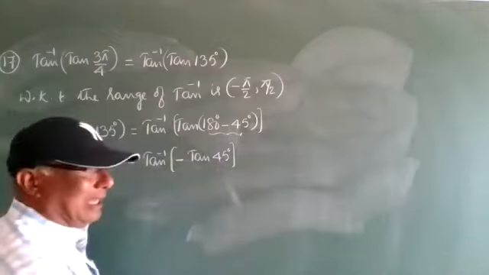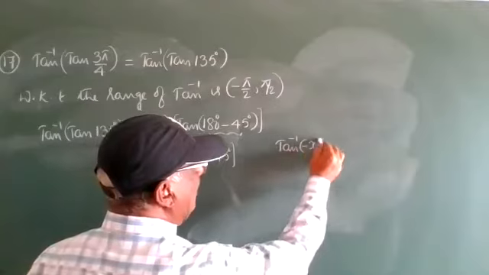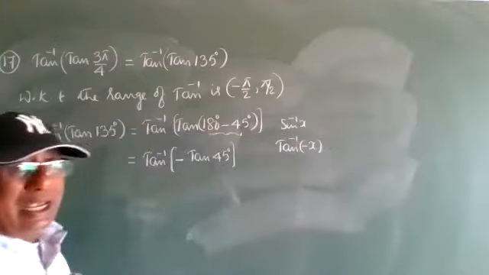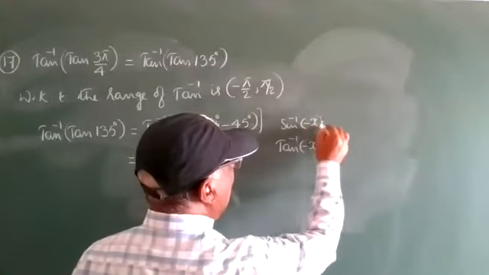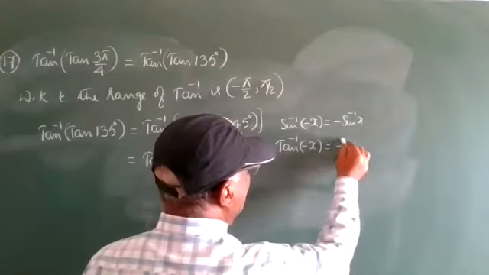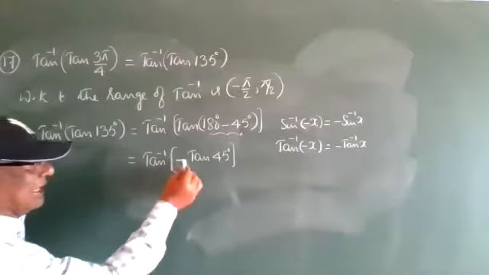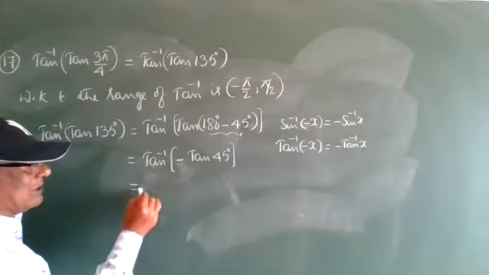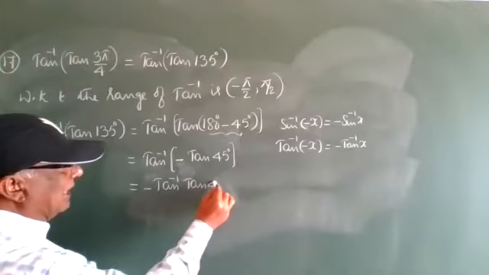By the property, tan inverse of minus x, sin inverse of minus x, cosecant inverse of minus x, these three are equal to minus sin inverse x, minus tan inverse x, minus cosec inverse x. So the minus will come outside tan inverse: minus tan inverse of tan of 45 degrees.